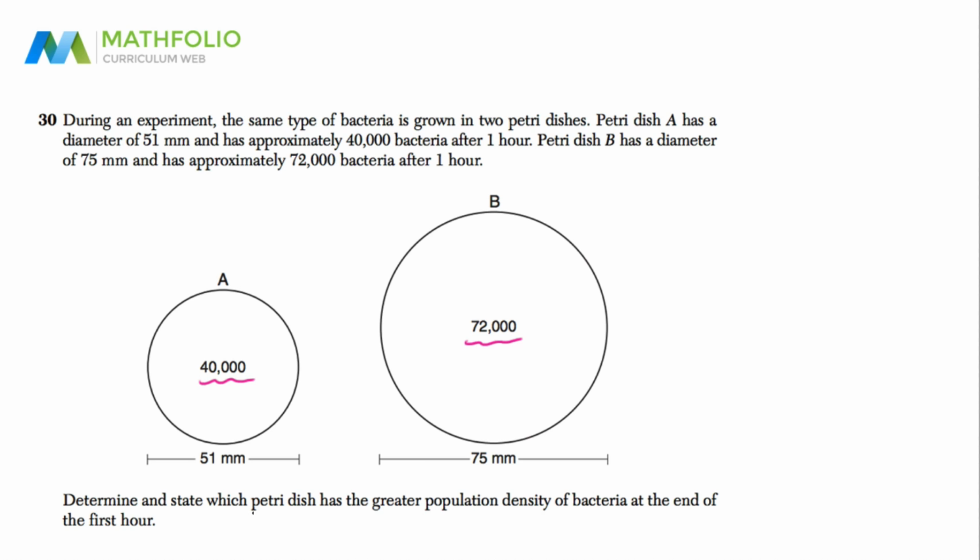And it says determine and state which petri dish has the greater population density of bacteria at the end of the first hour. So to do that, we need to take the number of bacteria and divide it by the area of each. So we do this for A and we do this for B. In the case of A, the number of bacteria is 40,000 divided by the area.